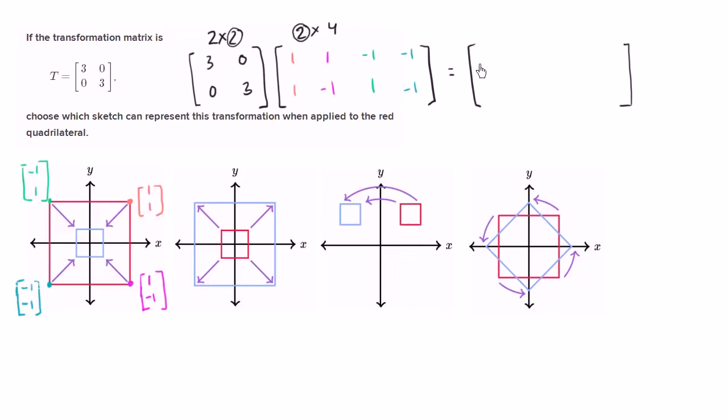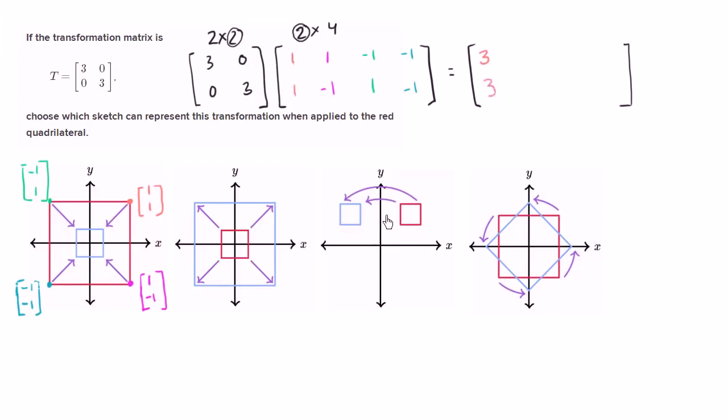For the first entry, 3 times 1 plus 0 times 1 is 3. And then 0 times 1 plus 3 times 1 is going to give us 3 as well.